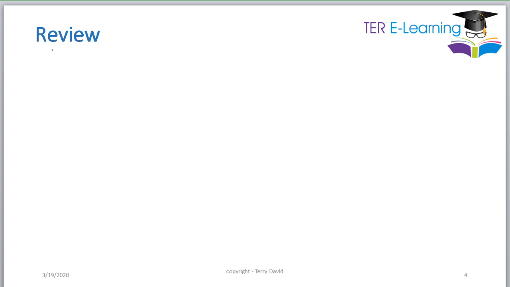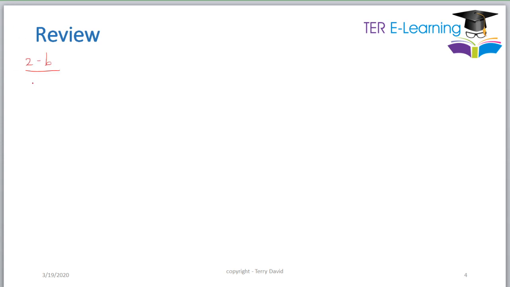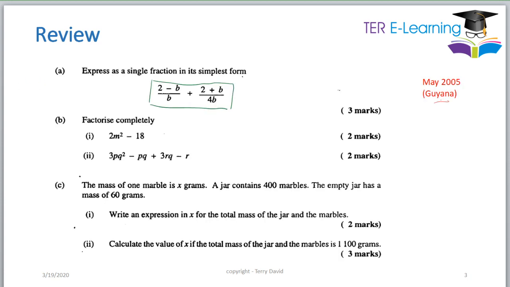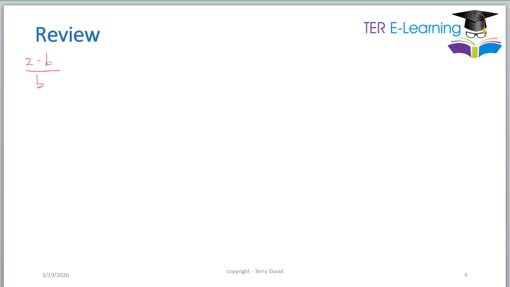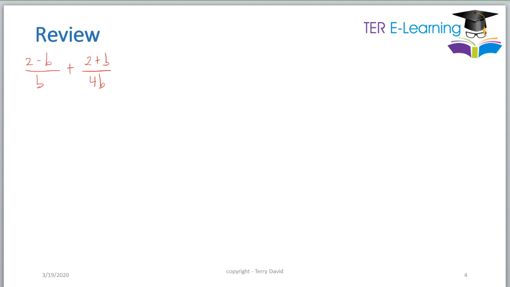So this is (2 minus b) over b, and we're adding that to (2 plus b) over 4b. All right, let's make sure you have that correct. Right, and they want us to express that as a single fraction.